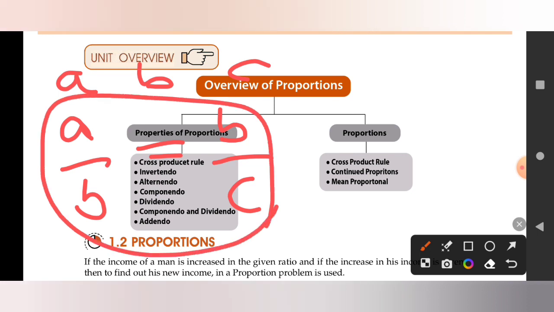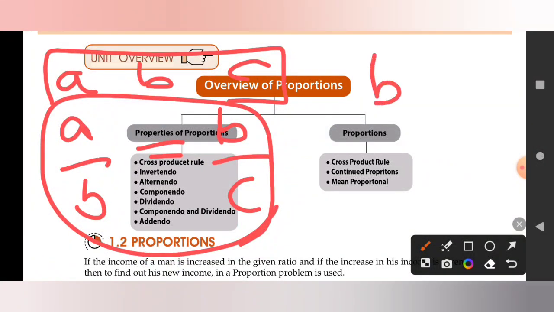If these two are equal, then A, B, C are said to be in continuous proportion, which implies that when you cross multiply, B square is equal to AC.